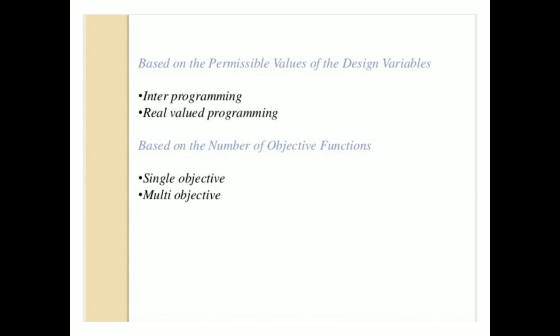On the other hand, if all the design variables are permitted to take any real value, the optimization problem is a real valued programming problem. And the last classification is based on the number of objective functions. Depending on the number of objective functions to be minimized, optimization problems can be classified as single and multi-objective programming problems.